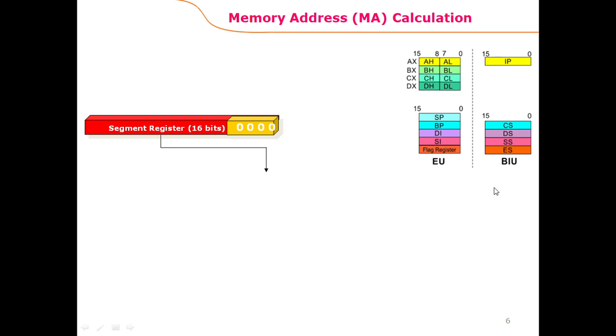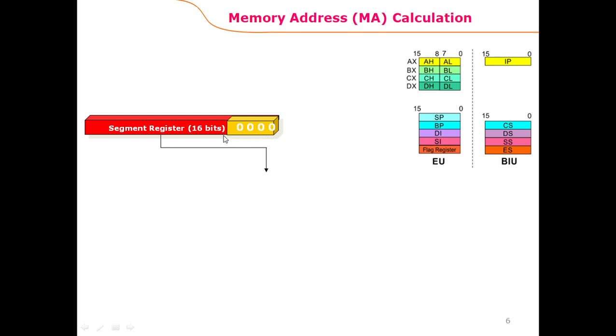For example, if the data segment is being accessed, the 16-bit value is first taken from the data segment register, and that value is left shifted by 1 hexadecimal digit, or 4 binary digits, which gives us a 20-bit value. So 4 zeros are introduced at the right side.